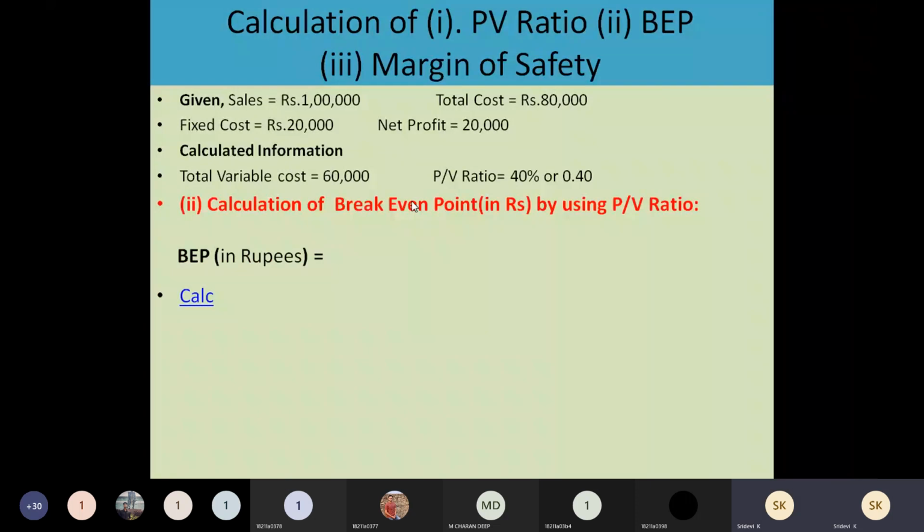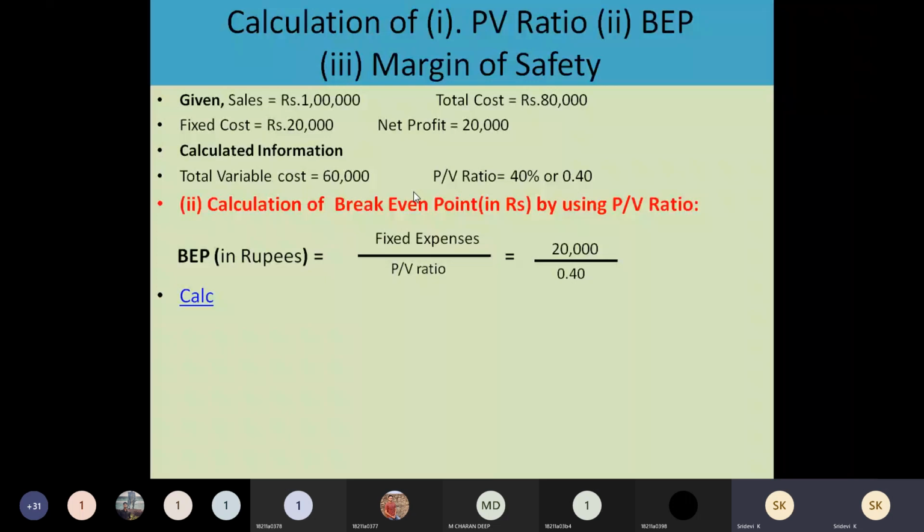So what is the formula that we are going to take here? BEP in rupees is equal to fixed expenses divided by PV ratio. Directly we are using PV ratio. So how much fixed expenses was given here? 20,000. So 20,000 divided by PV ratio. You show it in decimal value. Take it as 0.40.